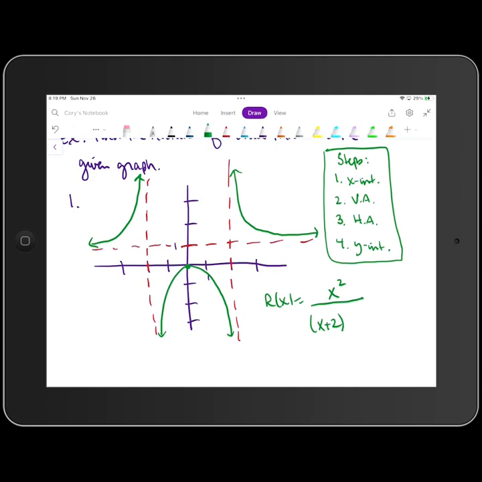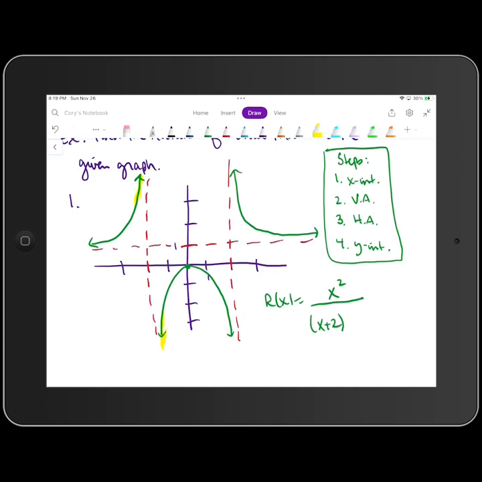And when we look at the behavior of our graph as we approach that vertical asymptote, my graph is going in opposite directions. So that tells me that the multiplicity of my 0 on bottom has to be odd, which in this case it is.